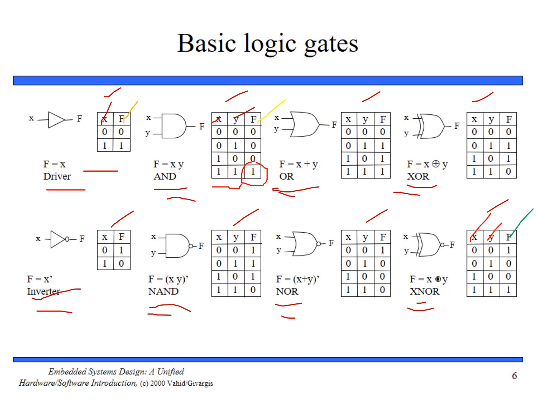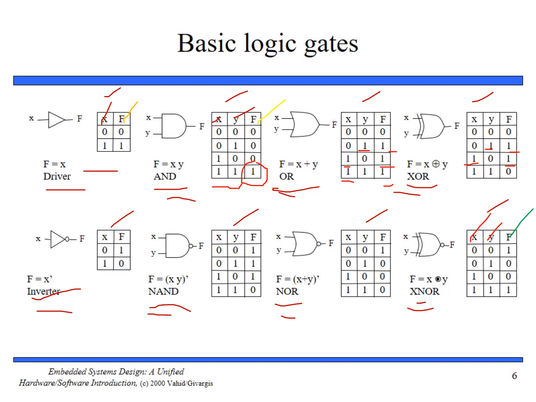Here in the OR gate we can check it outputs 1 if any input is 1. The XOR gate outputs 1 if and only if exactly one input is 1. So in XOR, we can see it outputs 1 if one of the inputs is 1.